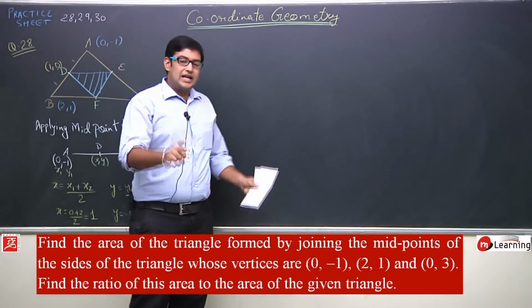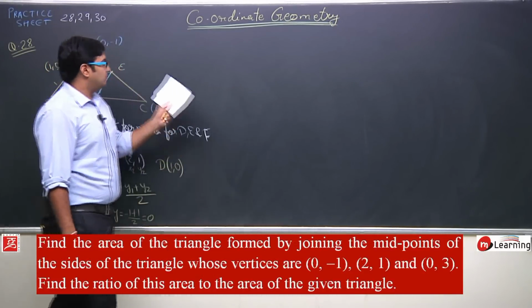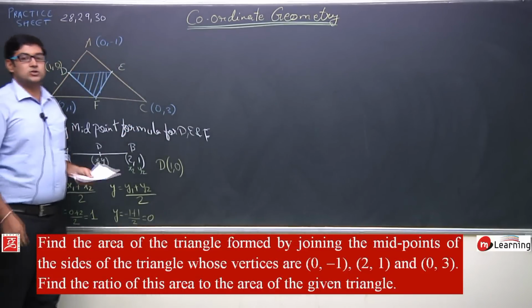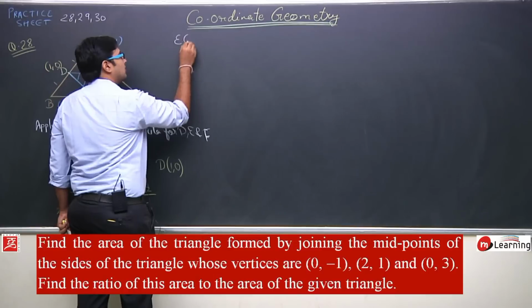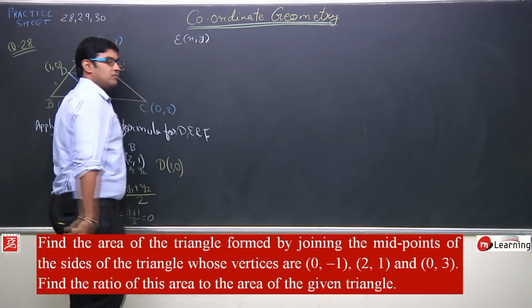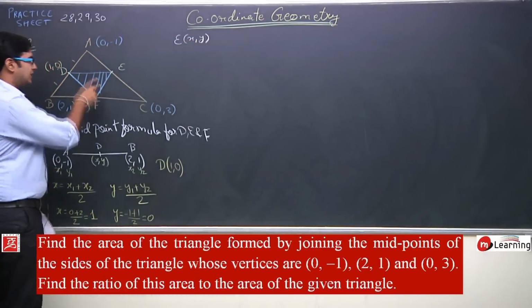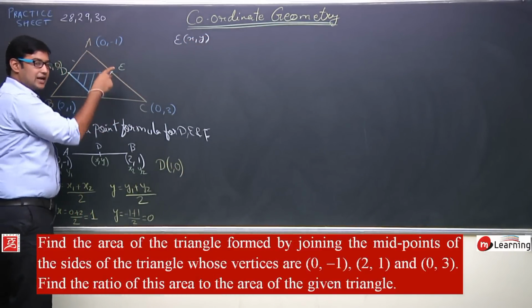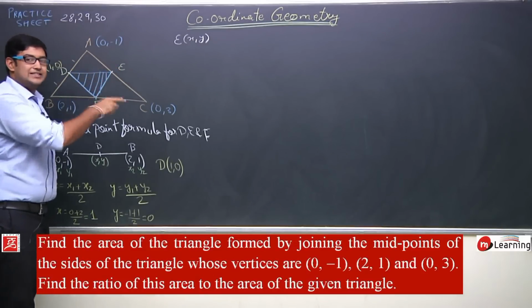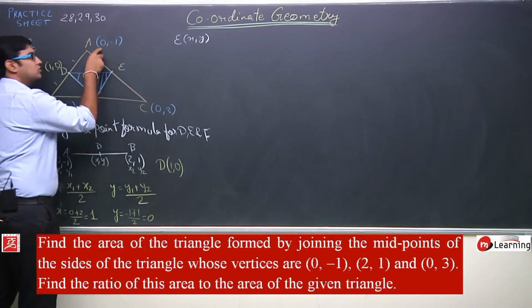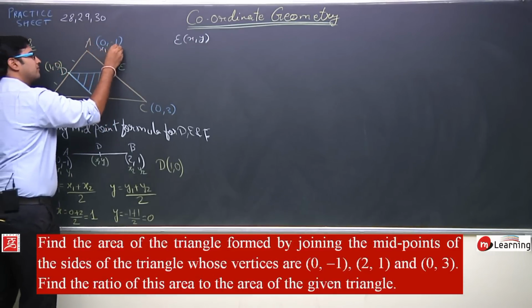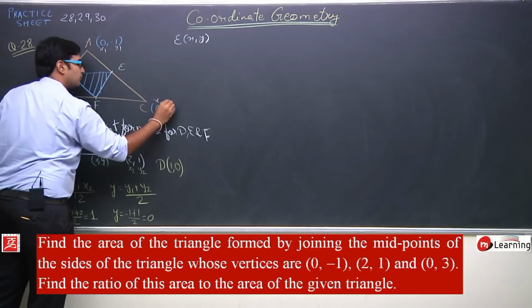Now similarly I can calculate the coordinates of E and F also. So E, the coordinates of E, let us say these are x, y. Now E point divides AC line. You can see that E point is the midpoint of AC line. So to calculate the coordinates of E, I am assuming that this is x1, y1, this is x2, y2.